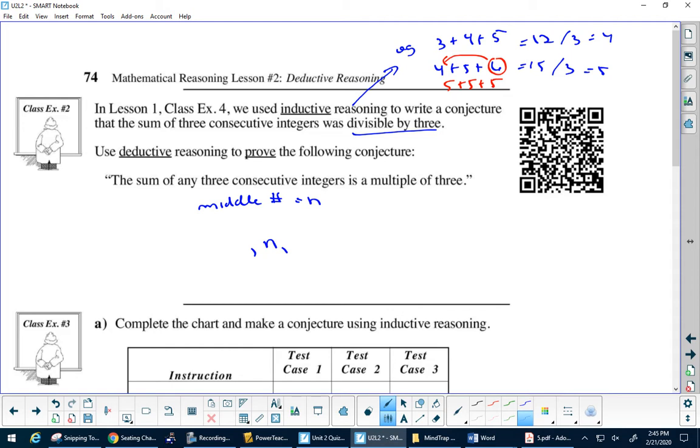If the middle number is 8, how do you get the number right before that? The number before 8 is 7. What do you do to 8 to get 7? Take 1 away. So if the middle number is n, wouldn't the first number be n minus 1? What would the number after n always be? n plus 1.